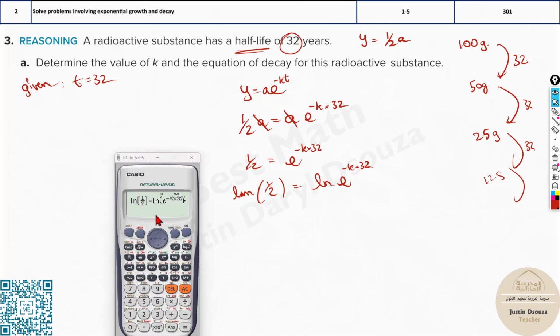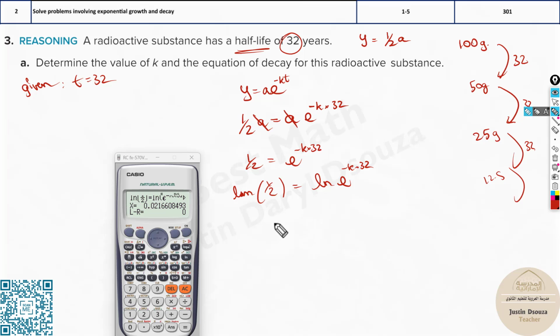I've substituted this equation: ln half equals natural logarithm e to the power minus, that k value is unknown. Now we are solving for that, so that's the x variable. This is the multiplication symbol, 32, and we can't press equal to, it will be a syntax error. Let's press shift and solve. This is the last answer which is saved, and the answer over here is 0.02166.